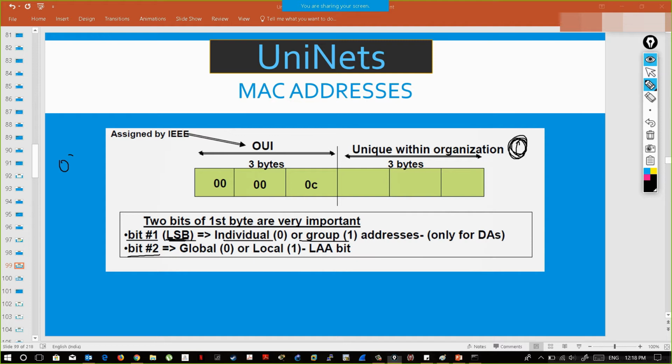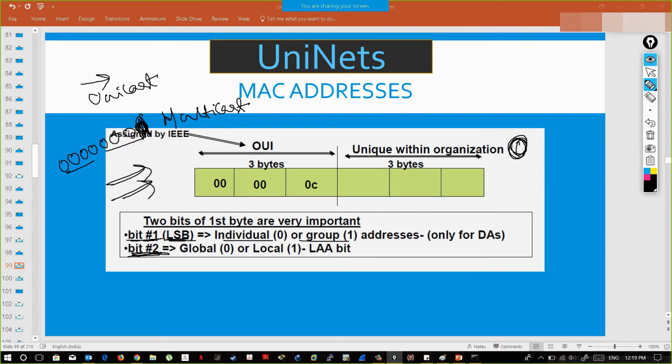Suppose this is my first byte. If this bit, the LSB in the first byte, is 0, then it is unicast. If it is 1, then it is either multicast or broadcast. Bit 1 is the LSB.